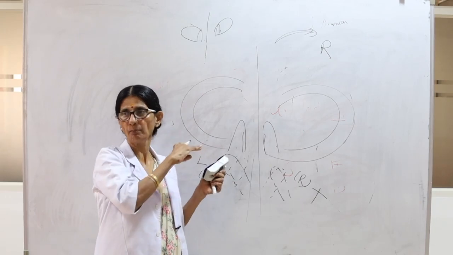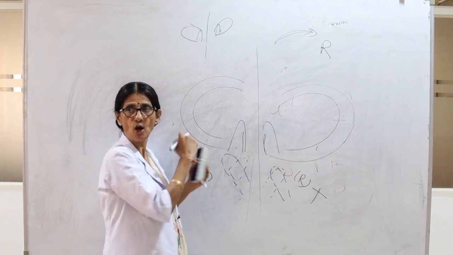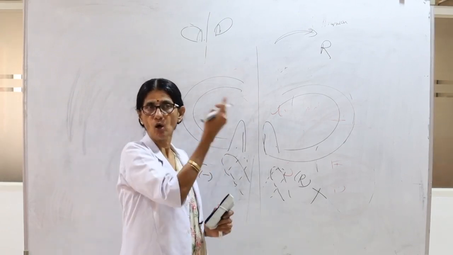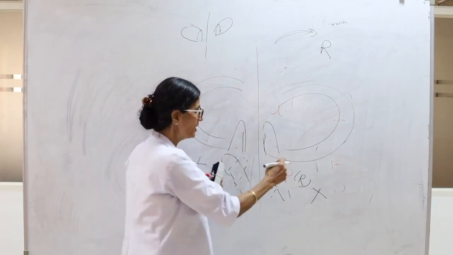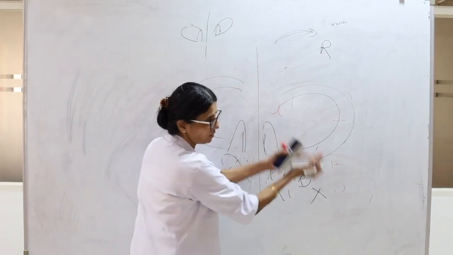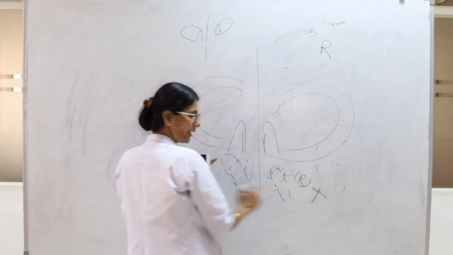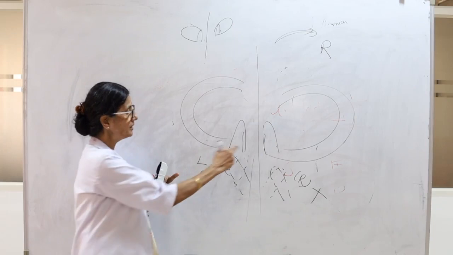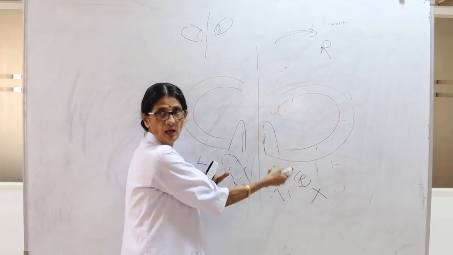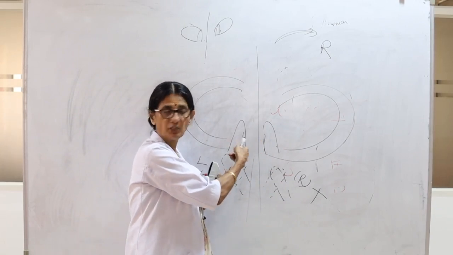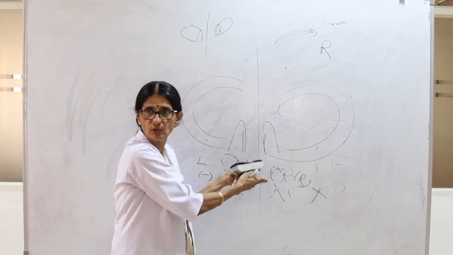Again the same thing happens because of the inertia of the endolymph, and the displacement of the crista will now be in exactly the opposite way to that in the beginning. So now the displacement will be in this opposite direction because the displacement to the right has been stopped. Instead of the stereocilia being directed towards the kinocilium, it is going away from the kinocilium on the right side, and it will be towards the kinocilium on the left side.